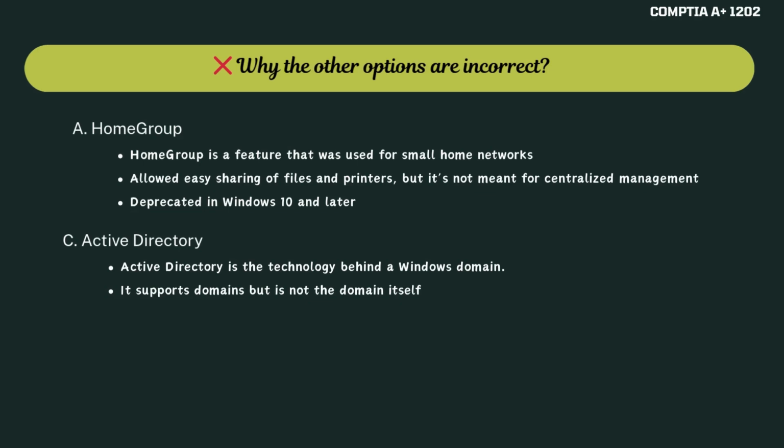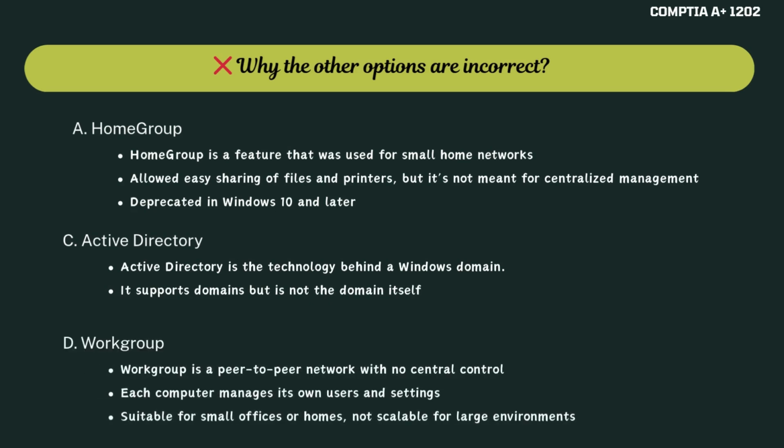Active Directory is the technology behind a Windows domain. It supports domains, but is not the domain itself. D. Workgroup. Workgroup is a peer-to-peer network with no central control. Each computer manages its own users and settings. Suitable for small offices or homes, not scalable for large environments.